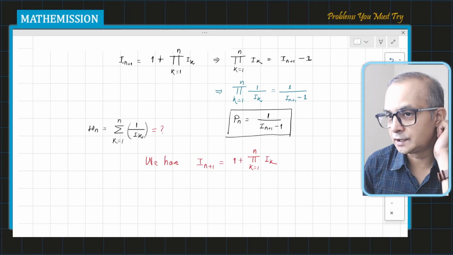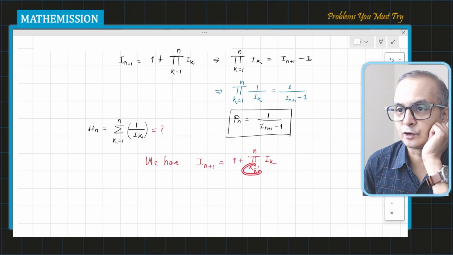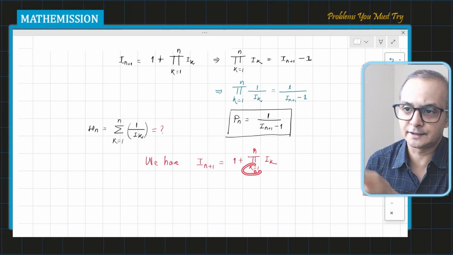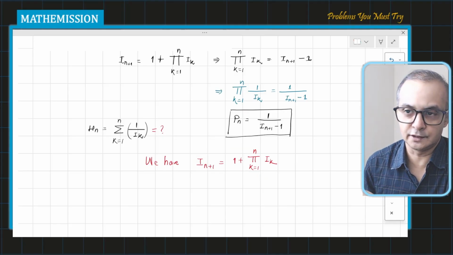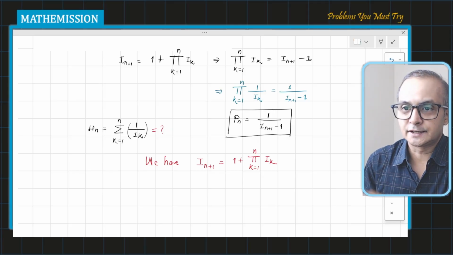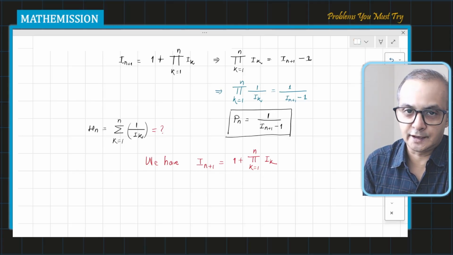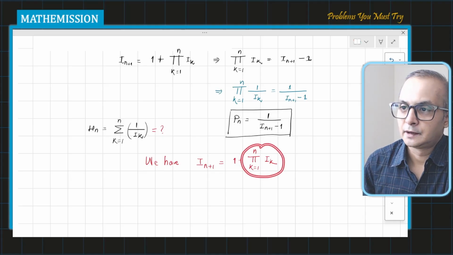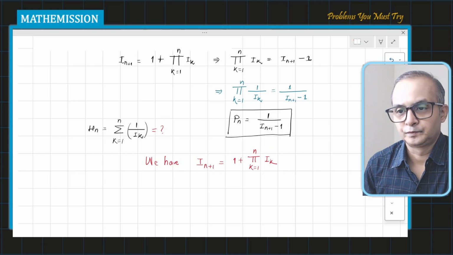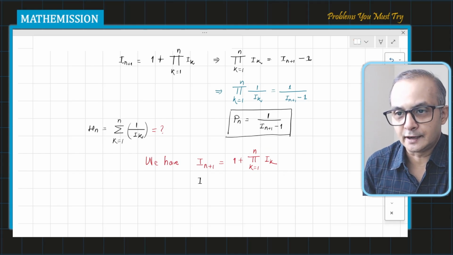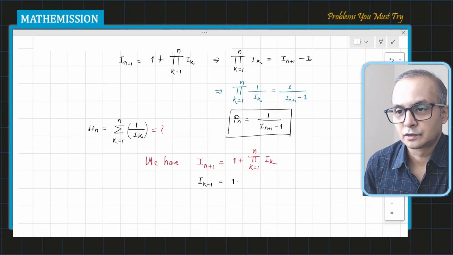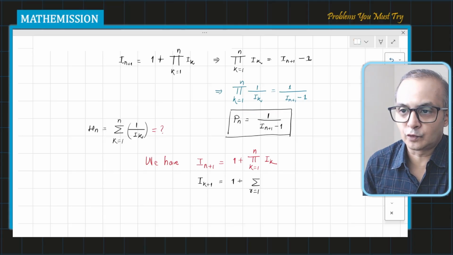Notice this is only a matter of index; even if you write r goes from 1 to n, it doesn't matter. Since there is the introduction of Ik, I'm just changing the index k into r. So I'm writing I k plus 1 is equal to 1 plus the product, r goes from 1 to k, of Ir.